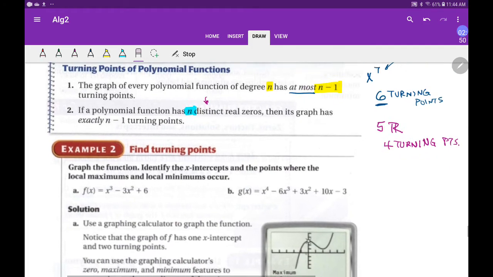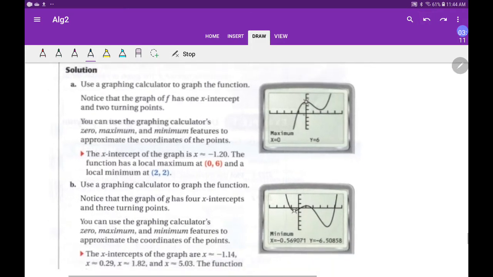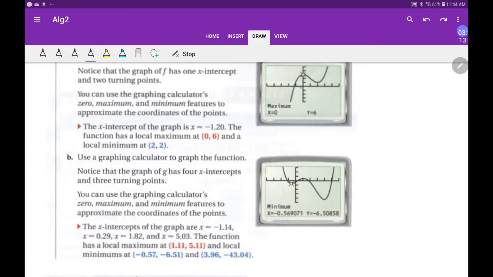I know we have calculators, and the next one is about a calculator. You can use a graphing calculator to find out what the maximums and the minimums are. The maximum, like right there, that's a turning point, right? And they're going to talk about the minimum too. That's another turning point. And your calculator can help you find these things.